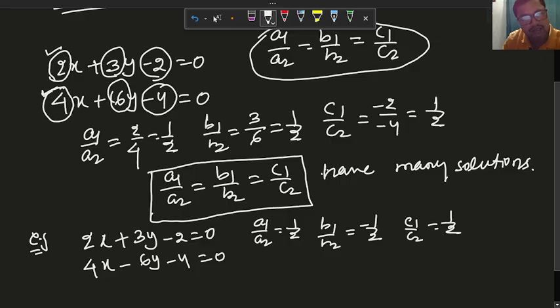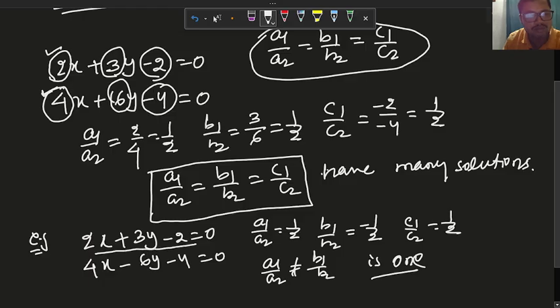Here we get that a1 by a2 does not equal b1 by b2. So the number of solutions is 1, or we can say the two lines are intersecting at a single point. So the number of solutions is 1. Clear?